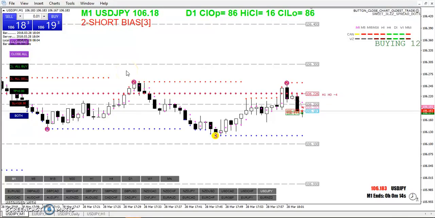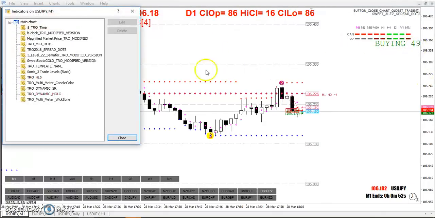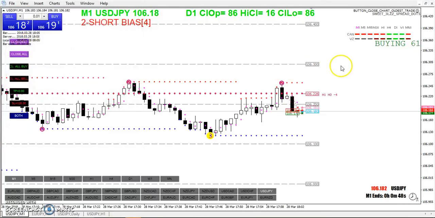And there we go. That was a very quick scalp. Now, of course, I could have waited to see if I could make more money, but I was showing you how to trigger out using the spread dots indicator, which is right there, TRO 2018 spread dots.